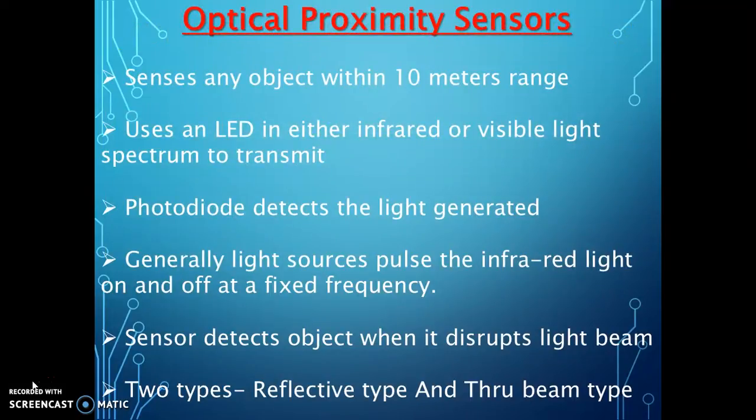Now the optical proximity sensor. In this proximity sensor, an object is detected by the action of travelling light. These sensors use light-sensitive elements to detect objects and are made up of a transmitter and a receiver. The object within the range of the sensor can be detected.